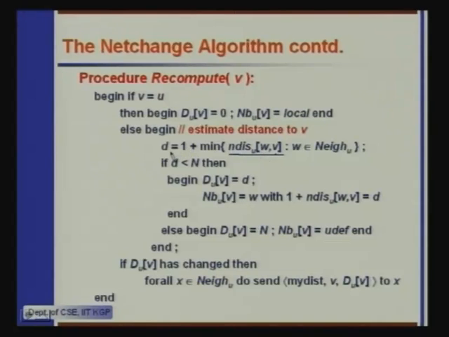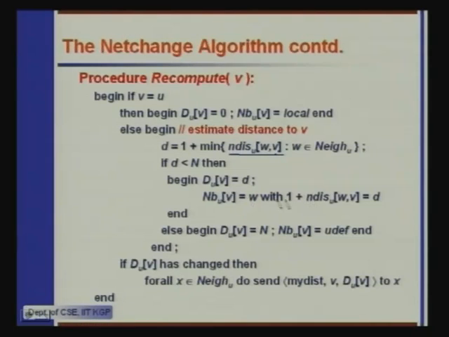I pick that one up, and then plus 1 gives me my best bet of the distance to v. Now, if I find that d is less than n, then what am I going to do? I am going to set d u v equal to d, and I am going to set nb u v equal to w.